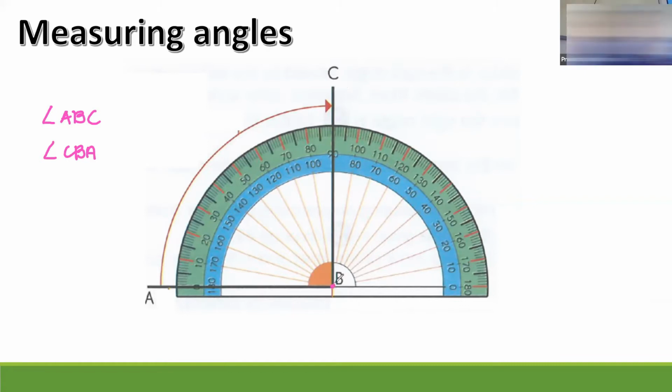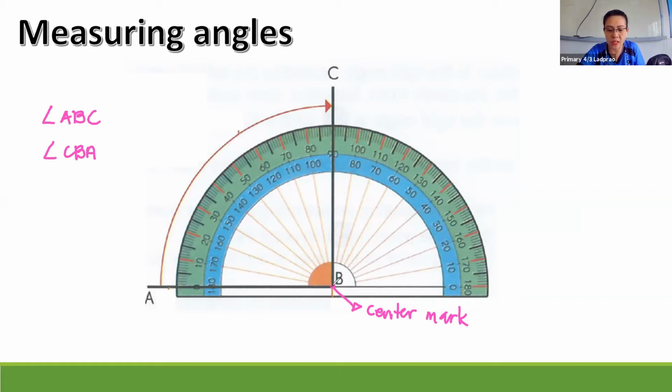Now, in measuring the angle, the vertex of our angle, which is B, should be aligned with the center mark. You understand? When you are going to measure the angle, the vertex of the angle should be aligned at the center mark. You're going to put your protractor at the vertex.